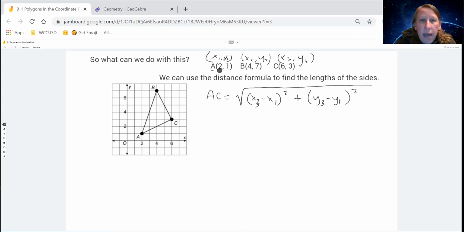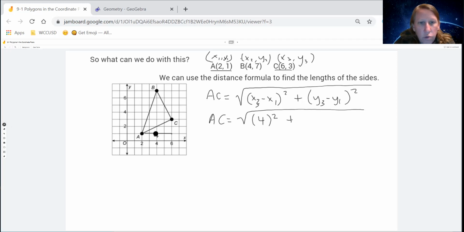So I'm doing A and C, and I already labeled these 3 and 1, so that's why I used that. So AC is going to be the square root of what's x3 minus x1. That's 6 minus 2, which is 4. You can see here, we had the 6 right here and the 2 right here, and you can see this is 4 right here.